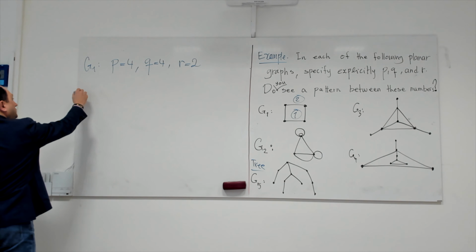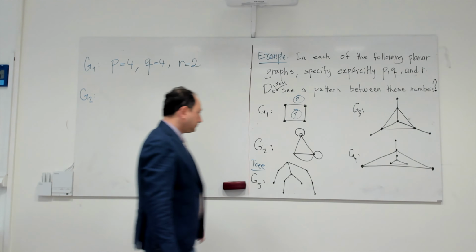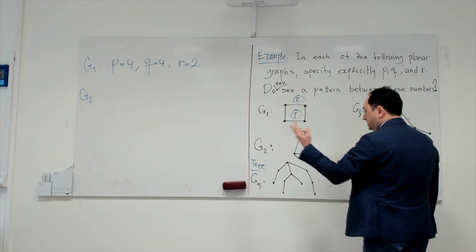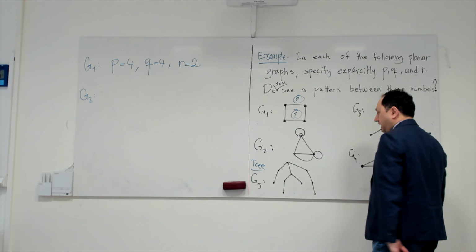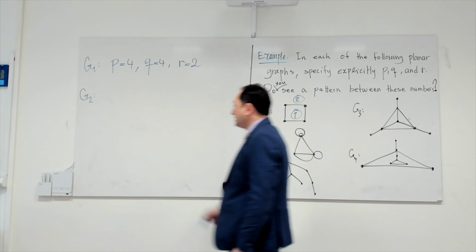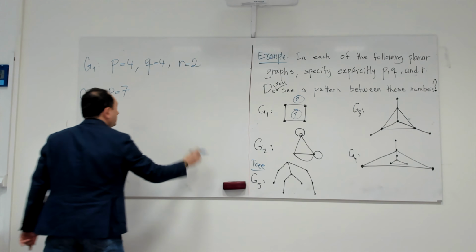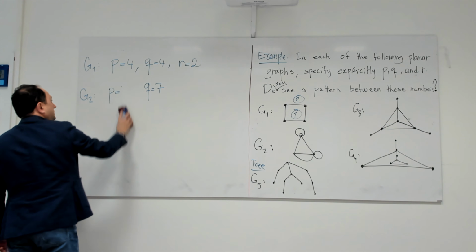And now let us go to G2. So for G2, how many edges do I have? I have 3 loops, so 3 edges, a triangle, so it is 6, and one multi-edge here, so 7. Yes? If I make a mistake, please let me know immediately. So the number of edges is 7. What is the number of vertices?